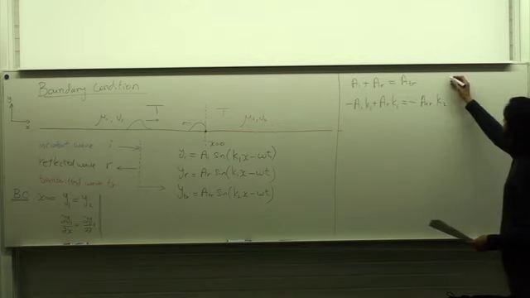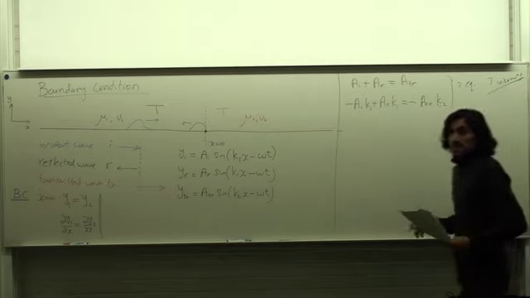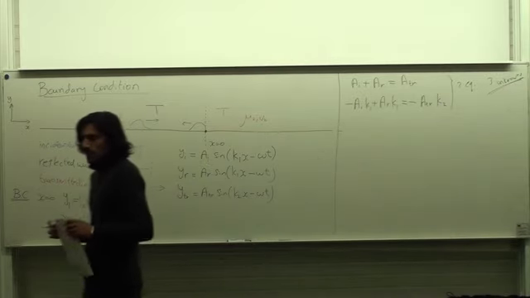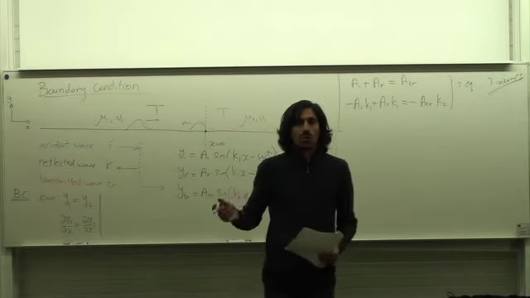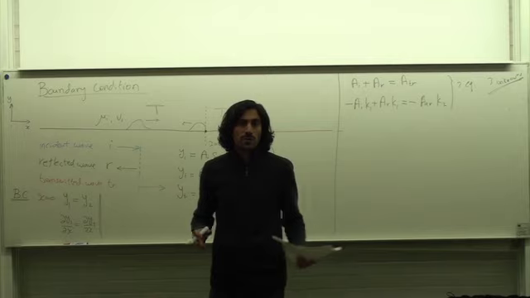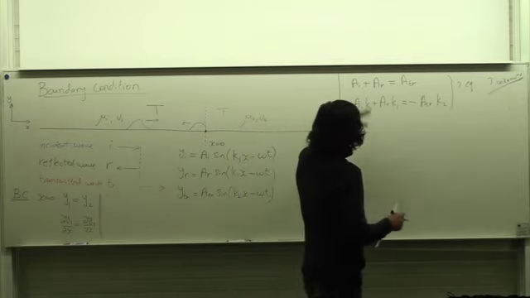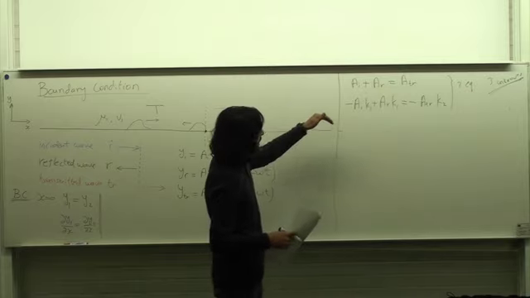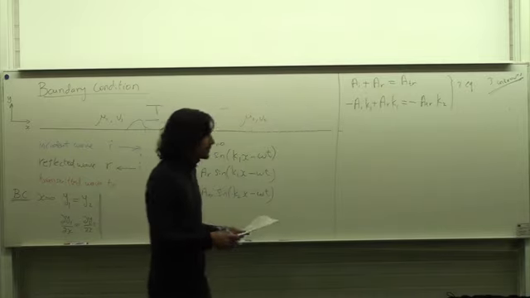So now we have two equations and three unknowns. But this doesn't scare us anymore. You can say, well, you just tell me the amplitude of the incident mode, and I can tell you the rest. Or in other words, we can solve everything normalized by the amplitude of the incident mode.